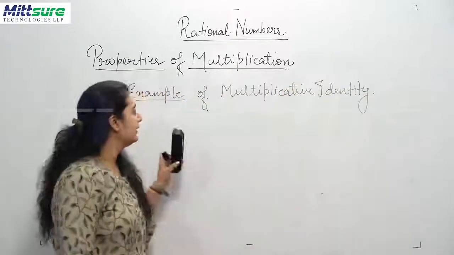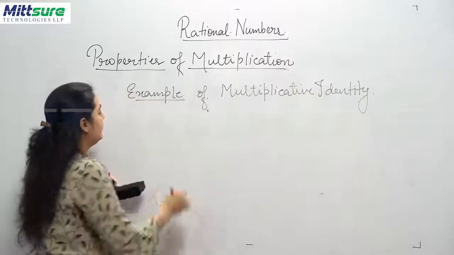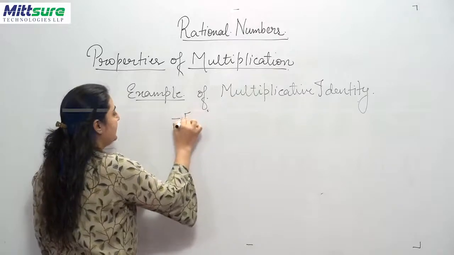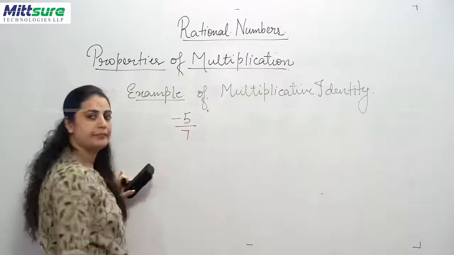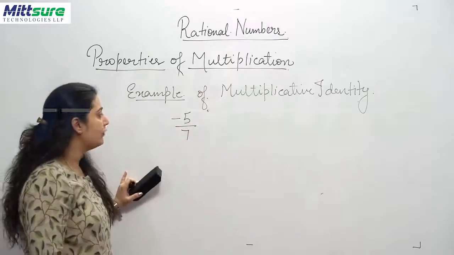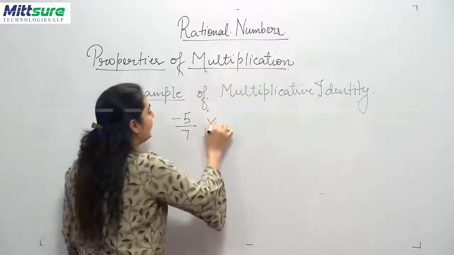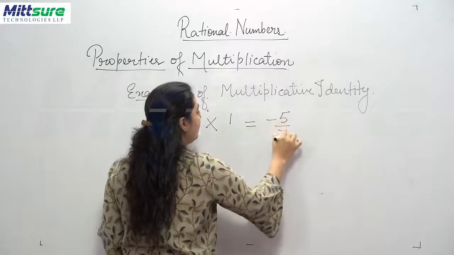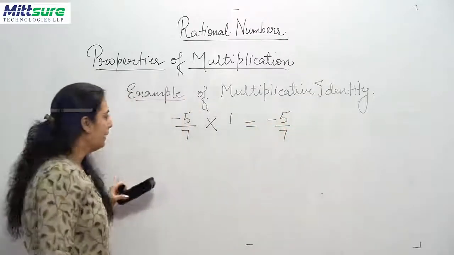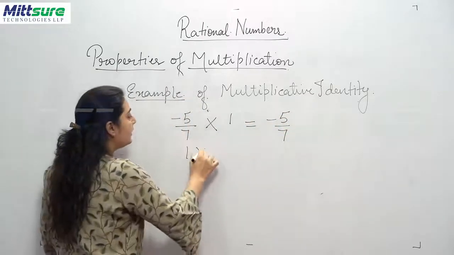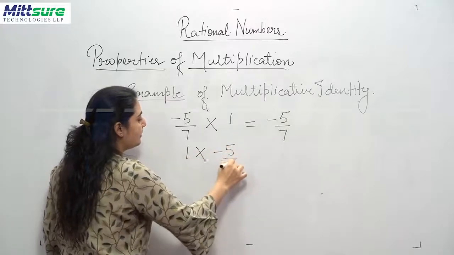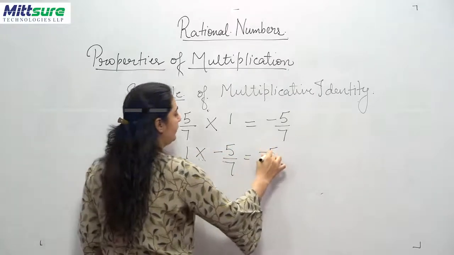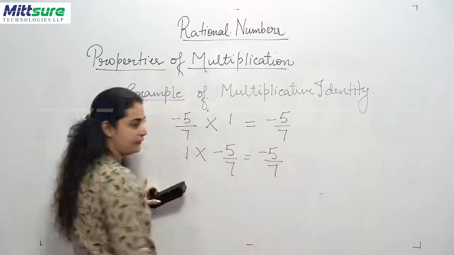Examples of multiplicative identity. So let me take minus 5 upon 7. This is my negative rational number. If I multiply it by 1, then I get minus 5 upon 7 only. Okay. Now if 1 is multiplying minus 5 upon 7, then also I will get minus 5 upon 7.